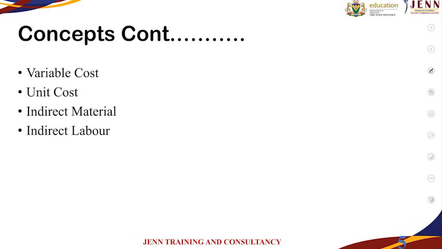And then another one, we can also have a security guard, because in most cases we'll have a security guard to protect the goods that we have produced, maybe in the storeroom and so forth, in the factory. While we have those security guards in the factory, it means they will also fall under indirect labor. Indirect labor means all the employees or workers who are not directly involved in the production process.